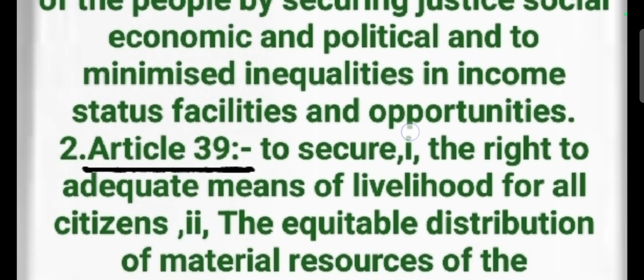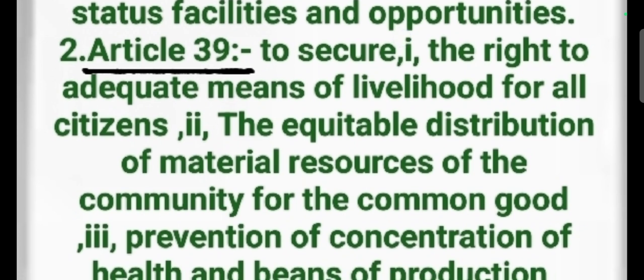Next, Article 39. Article 39 promotes different principles, especially the promotion of livelihood for all citizens. Livelihood means a person can choose any occupation to support his family and live without depending on other persons.